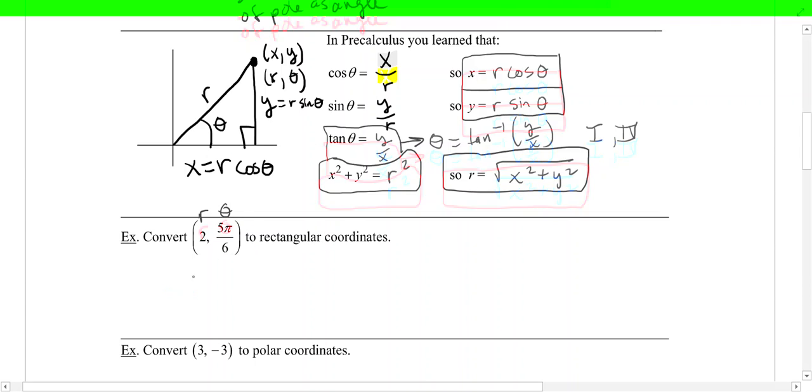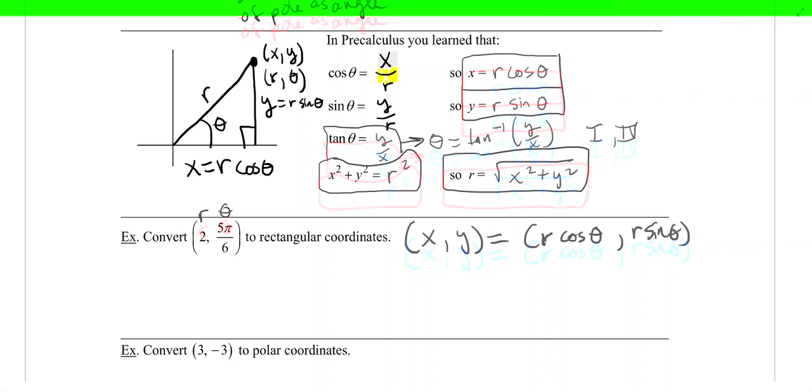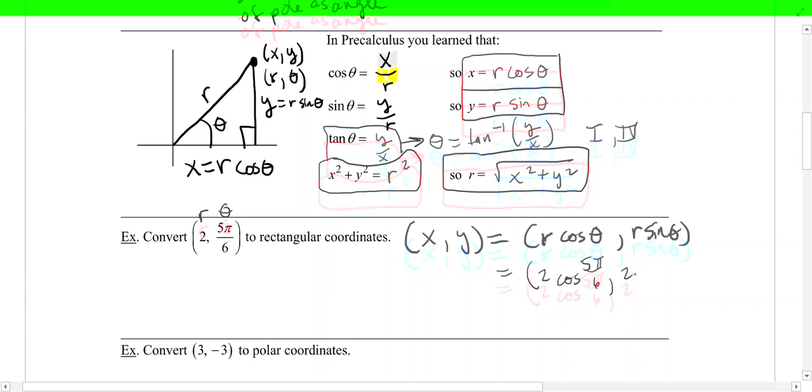So that means our coordinate is going to be x, y. Well, x is equal to r cosine theta, and y is r sine theta, which if we just plug these in now, it means that this is equal to 2 cosine of 5 pi over 6, 2 sine of 5 pi over 6.